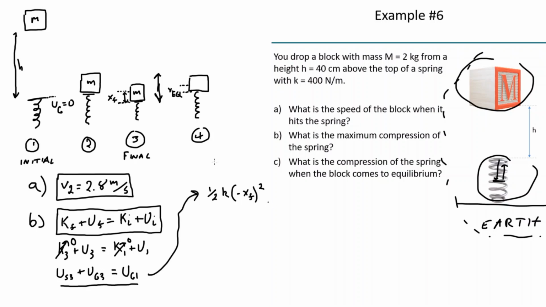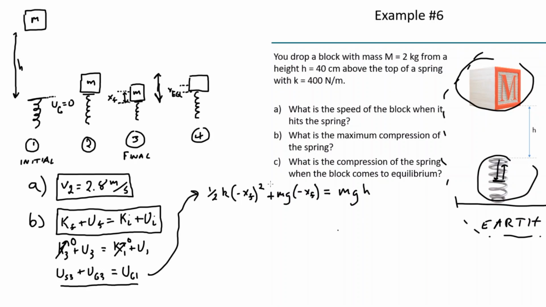Our gravitational potential energy, well, it's below the 0 point of gravitational potential energy. So this is going to be plus mg, the final height is minus x final. That is, it is a distance x final, the same distance the spring is compressed. The block is that distance below its 0 point of gravitational potential energy. So we have to include that gravitational potential energy there. And then this equals mgh.